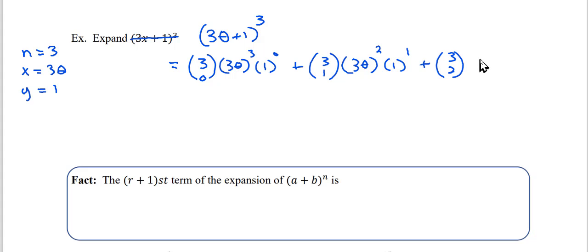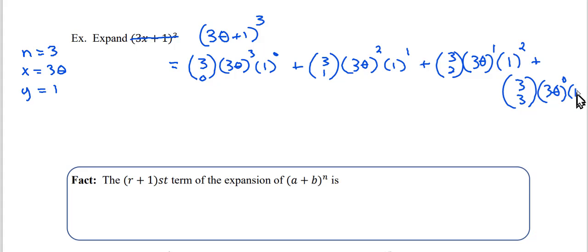3 choose 2, 3 theta to the 1st times 1 squared, plus 3 choose 3, 3 theta to the 0, 1 cubed.